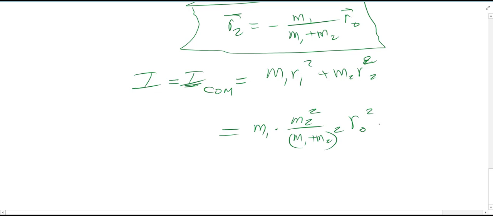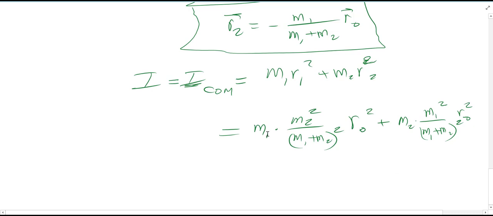Okay, squared plus, now this is what I was talking about in here. When I square this quantity, it's going to be positive, times M2. I have an M1 in the numerator, so when I square it, it's going to be M1 squared. So I have an M2 times M1 squared over M1 plus M2 squared times R0 squared. They are almost identical with the exception that here I have M1 times M2 squared, and in here I have M2 times M1 squared.